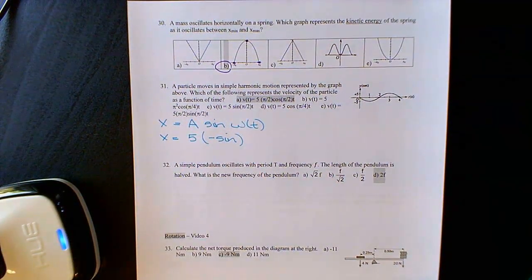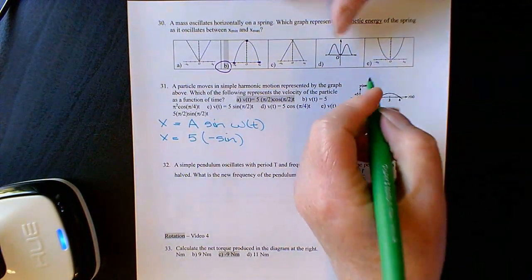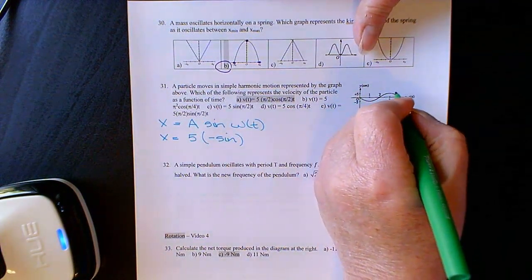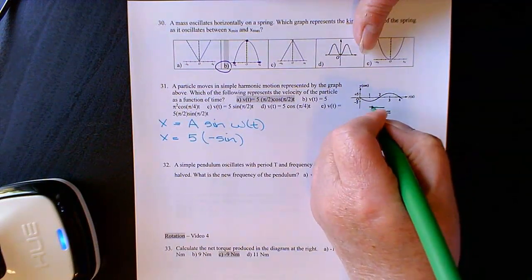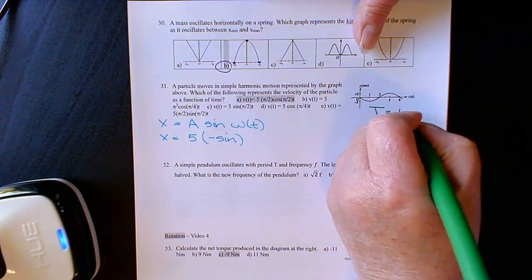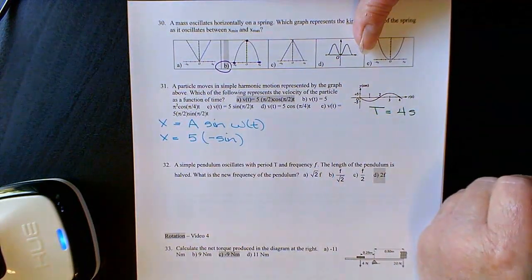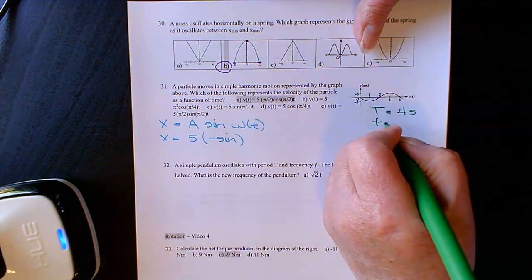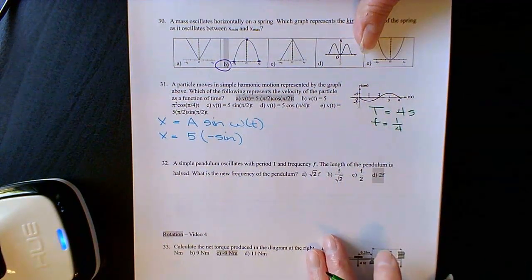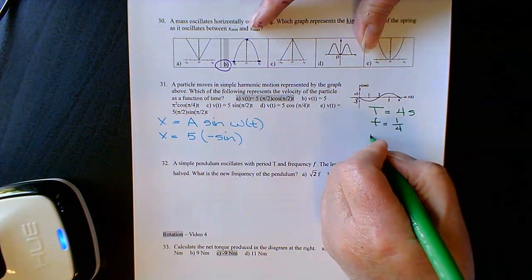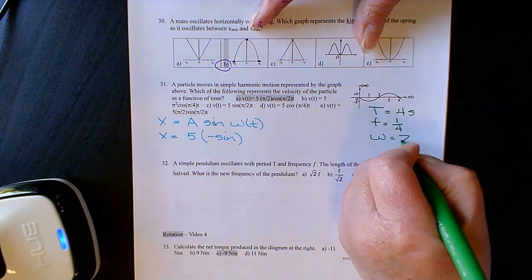So let's talk to ourselves over here. We can see that the period of this graph, period is the time for a complete oscillation, is going to be 4 seconds. And frequency is 1 over period, so that's going to be 1/4. And w equals 2 pi f.